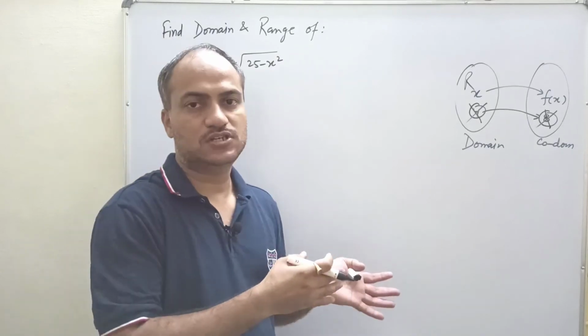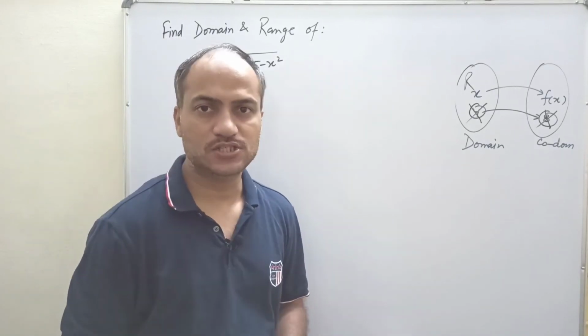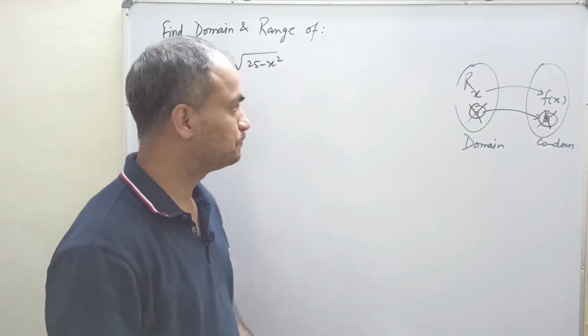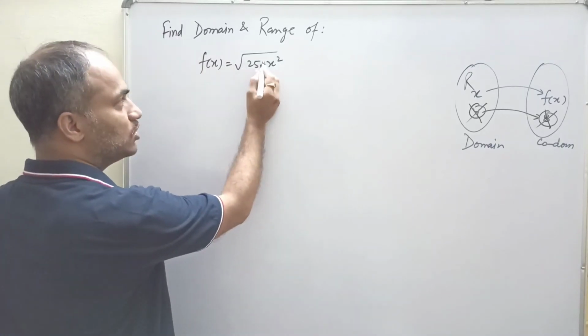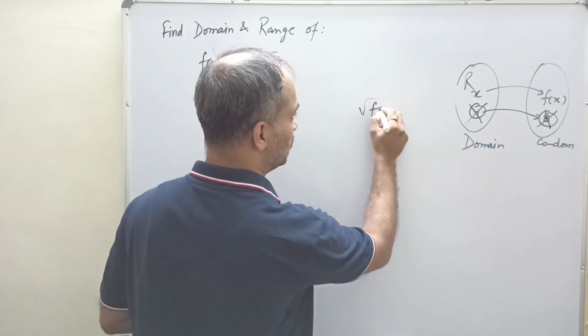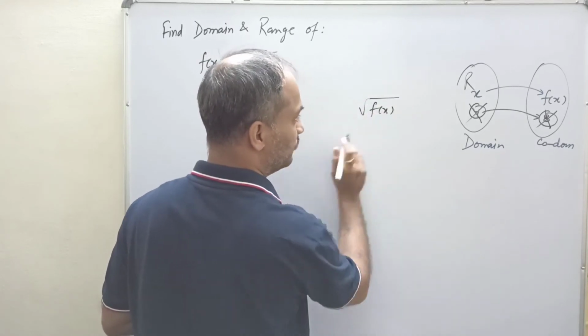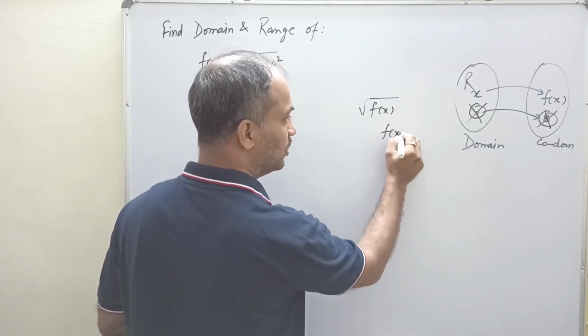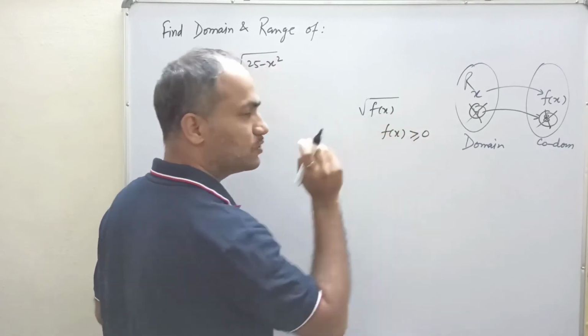Now this type of question is more common in NCERT. Let's quickly see how to find it. Here this value is in the numerator and in a square root, so we use the trick which I shared with you. This is valid only when this value is greater than or equal to 0.